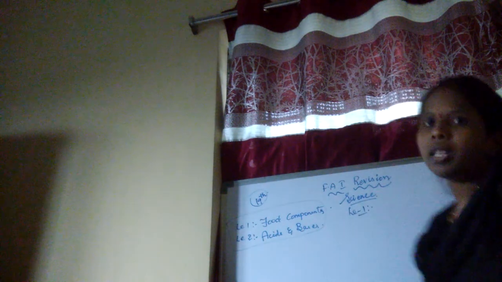Today we will start the revision of lesson number 1. What is that? Food components. Children, if I want to tell you in a brief way what will be covered in this lesson: different components, carbohydrates, proteins, minerals, fat, fiber.